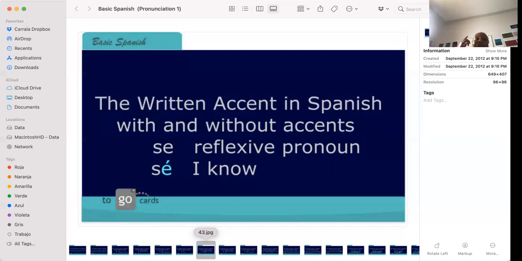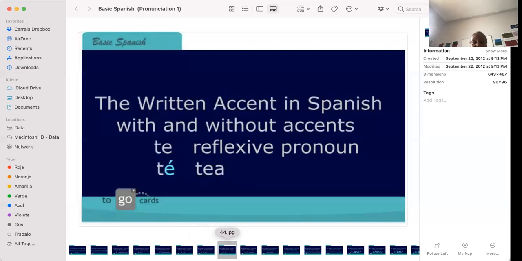Okay. But sé with the accent means I know. Sé, it's the verb saber. Yo sé, or sé, sabes, sabe, sabemos, saben. It's an irregular verb. It's saber, a very important verb in Spanish.